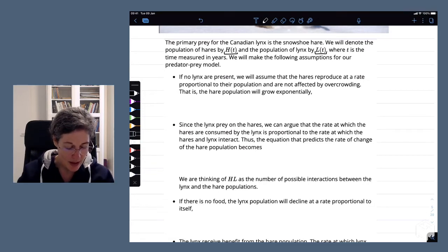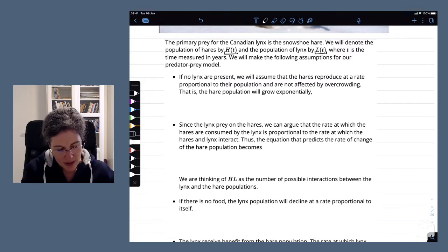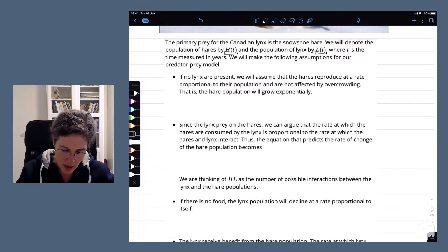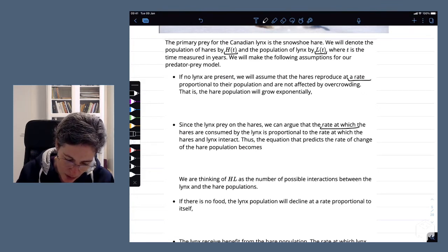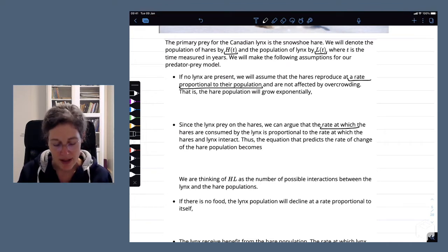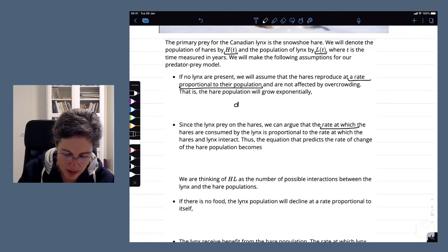Okay, so can we write down an equation which says that? Well, we're talking about the rate at which the hares reproduce being proportional to their population. What does that say? Well, that says the rate, so that's dH by dt, is proportional to the population, so that's proportional to h.